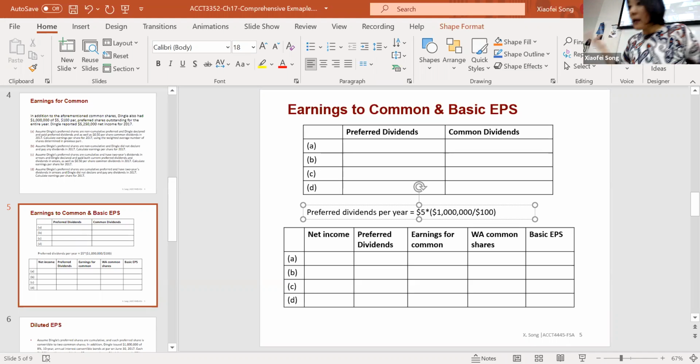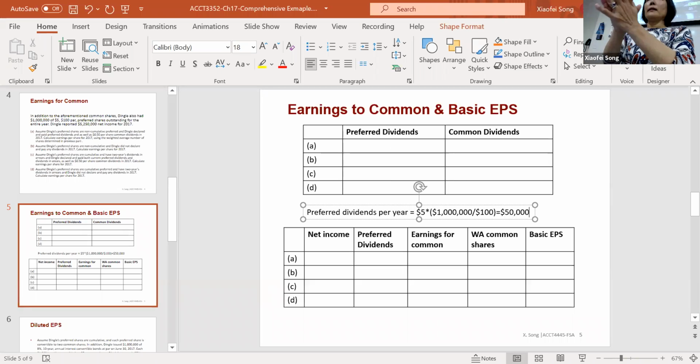So that means 10,000 preferred shares were out there. And so the preferred dividend must be 50,000. So that's 50,000 preferred dividend per year.